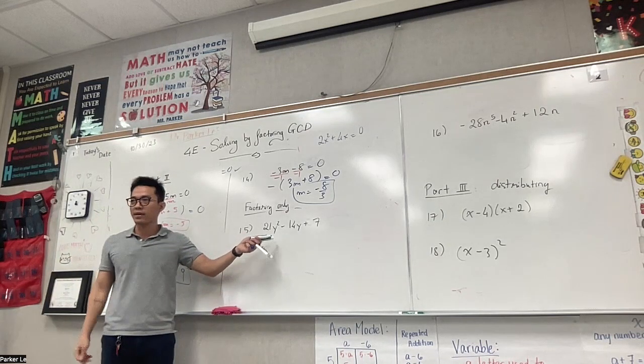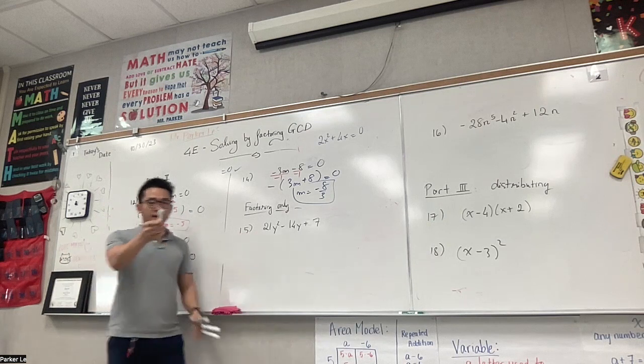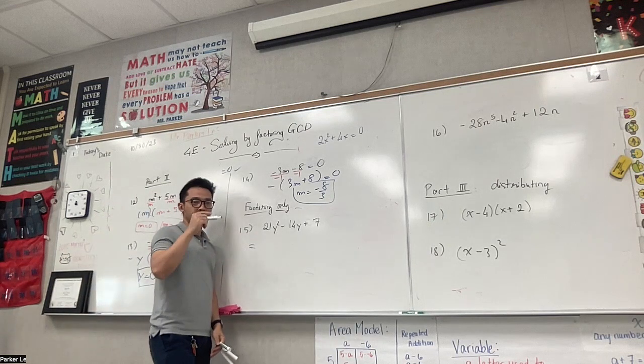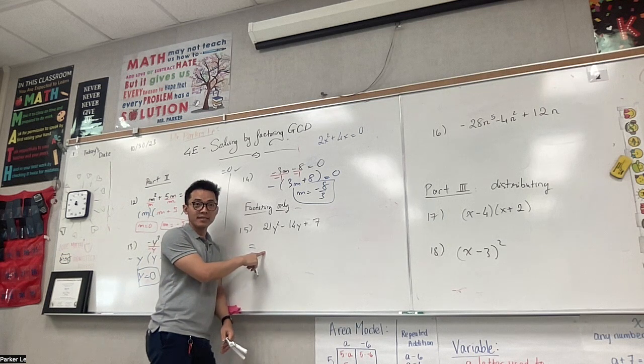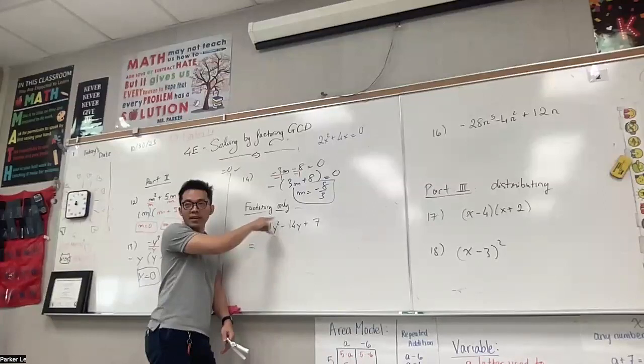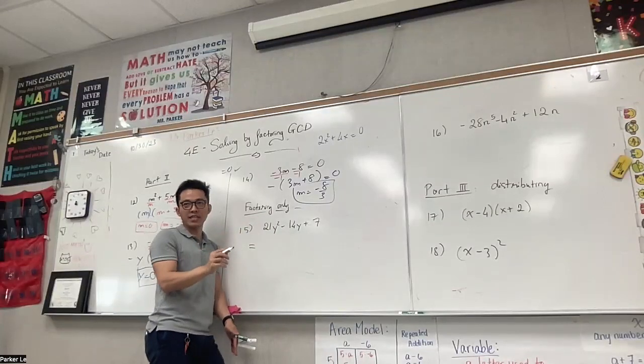Okay, why is this? Can anyone help me? Leilani, did you raise your hand? All right, just try it. Try the GCD. Chris, go ahead. Factoring only. You need to take out GCD only.